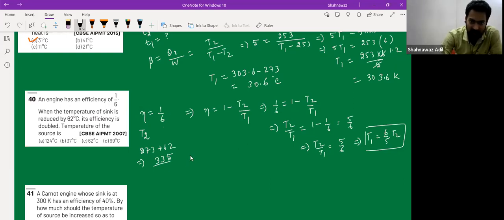So double of 1 by 6 is 1 by 6 into 2, so 1 by 3. 1 by 3 is equal to 1 minus T2 by T1, and let's say 1 minus T2 prime by T1.